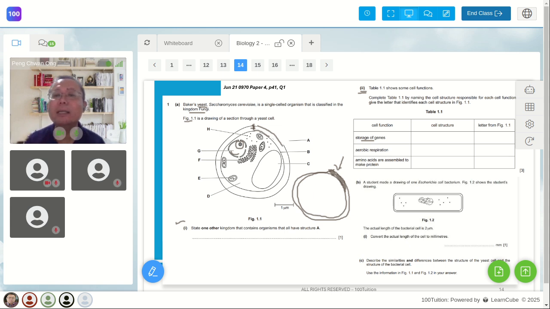Okay, part B. A student made a drawing of one of the, how do I pronounce this Latin name, Escherichia coli bacterium. It's a bacteria, and figure 1.2 shows the student's drawing. The actual length of this bacterial cell is 2 micrometers. Can you convert the actual length of the cell to millimeters?